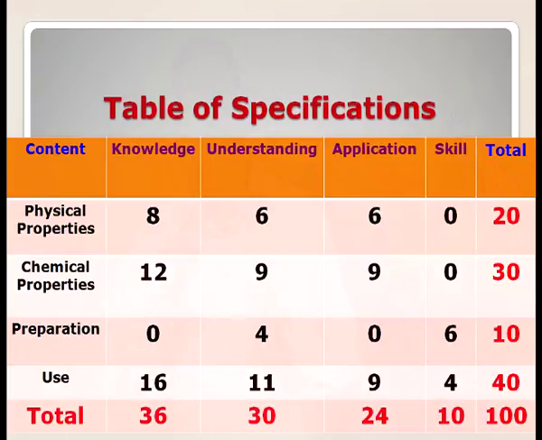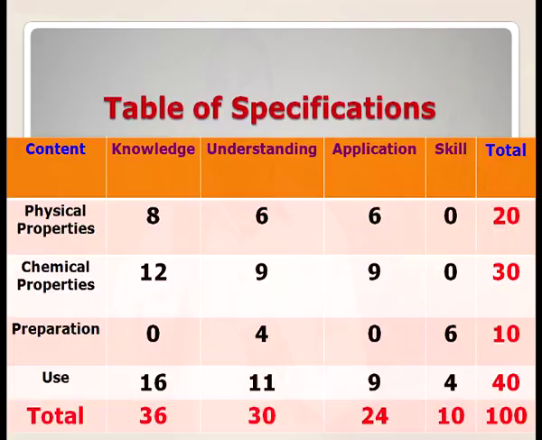And in the columns, you can see on the screen, there are learning objectives: knowledge, understanding, application, skill. In the table, where the physical properties row and the knowledge column meet, we have written 8.